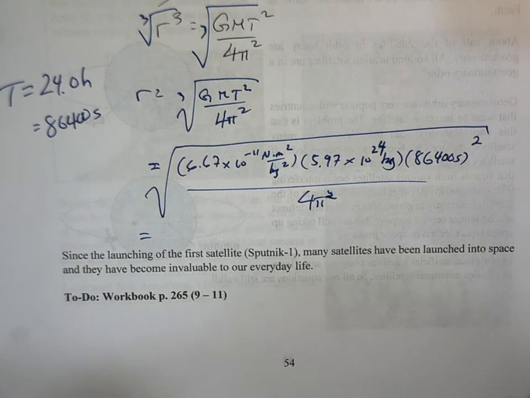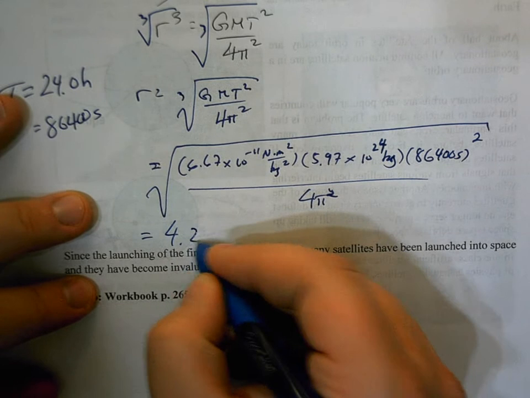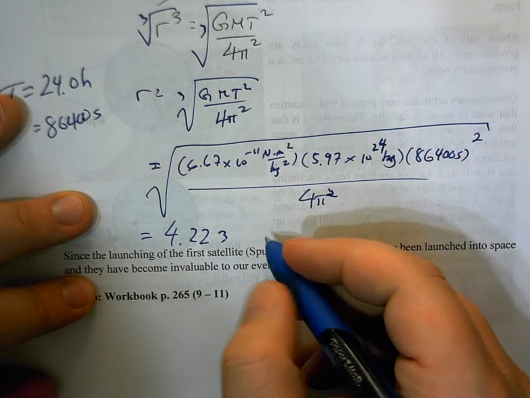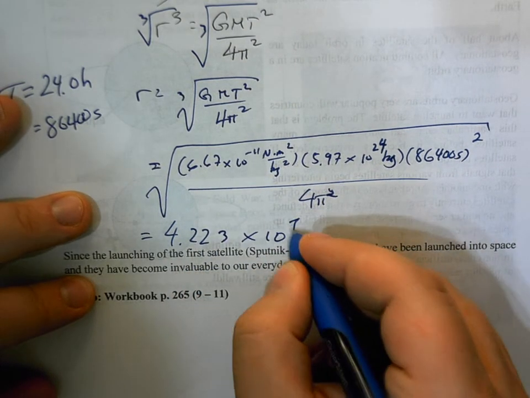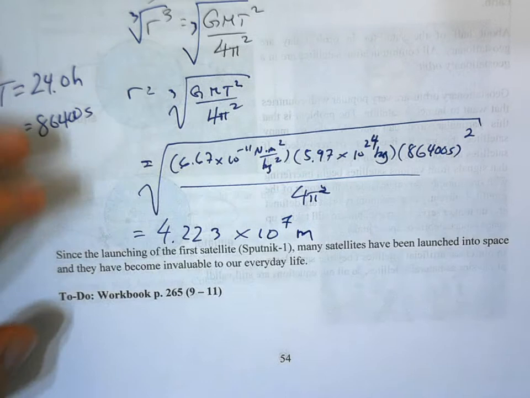So let's see what we get. So much to punch in here. I'm going to get about 4.223 times 10 to the 7 meters.